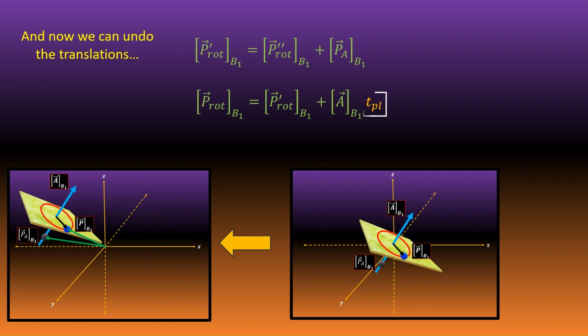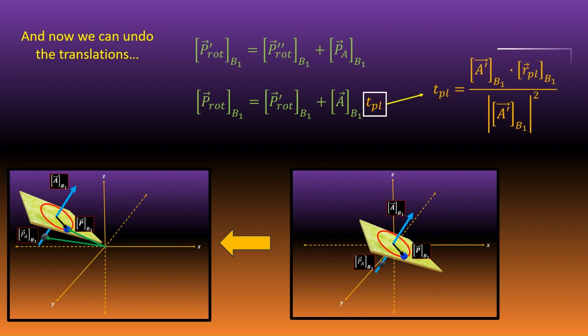We're going to undo those translations by, instead of subtracting, adding this time. And there we go. We have p rot prime in terms of B1. Then we get to p rot in terms of B1, and that's exactly what we want. And we have it now.